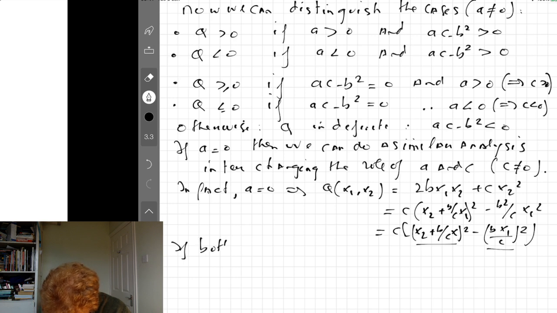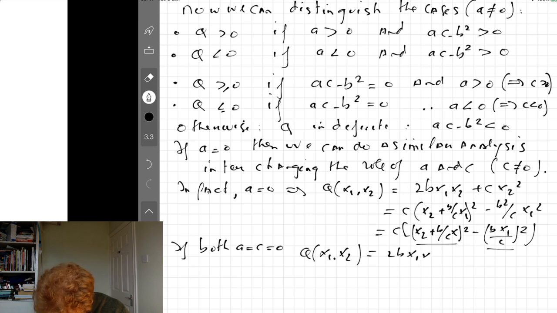If both a and c are 0, then q(x1, x2) is 2b x1 x2, which is indefinite. So, another exercise. This you need to continue.